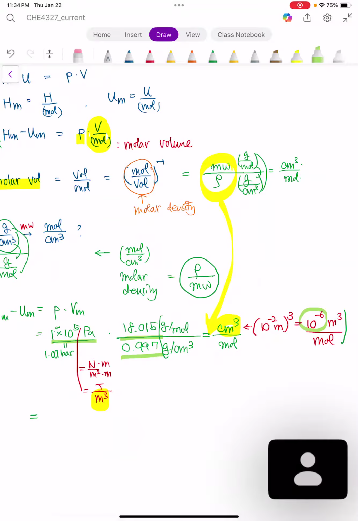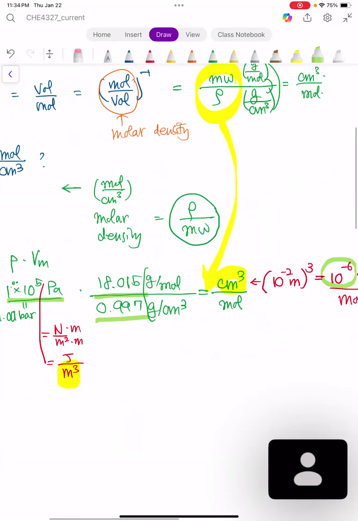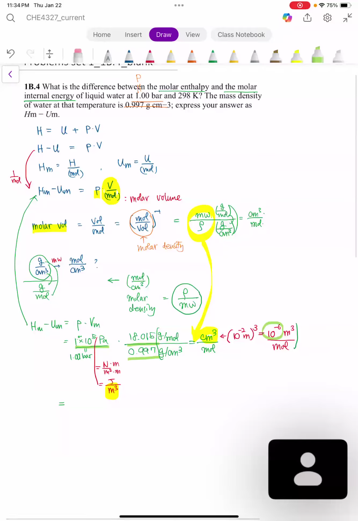And the unit is, sorry, it's somehow written in different lines, but the cubic meter cancels out, and you will be left with just the joule per mole unit.